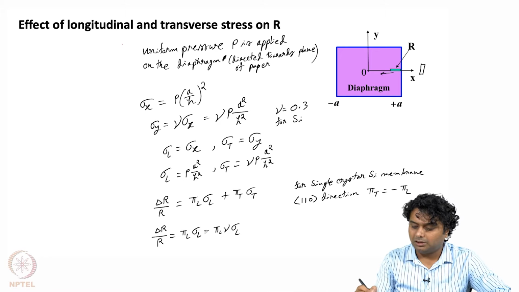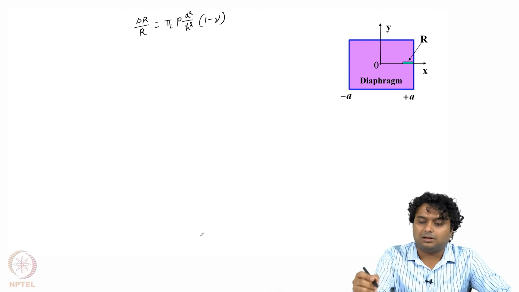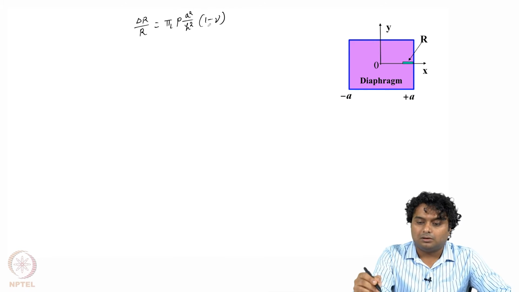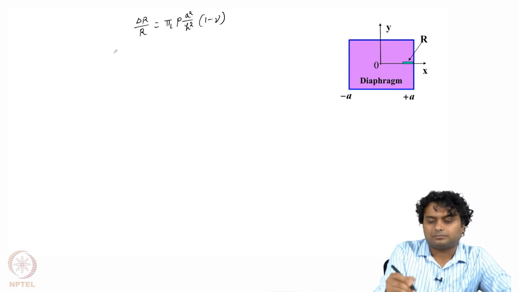We are putting in the sigma L value, taking pi L into P into A square by H square common, and we then have 1 minus nu.